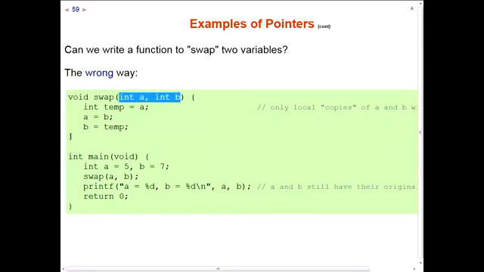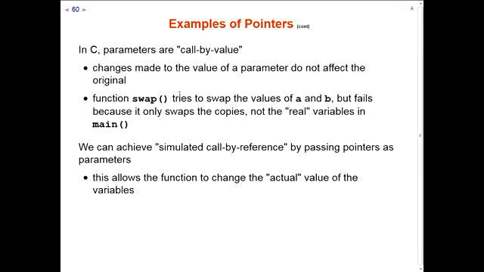So these 2, and in fact these 3 variables will be thrown away, so that if other functions are being called, this memory can be reused. So you've done that swap here with these copies of the variables, but all the information is lost and has no effect on these 2 variables. Yes, that's exactly right.